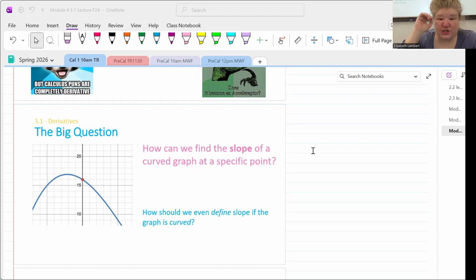But right now, we're just going to focus back on the original idea of slope. If we have a curved graph, we want to think about the slope of the graph at a particular point. How would we even define the slope of the graph at a single point?